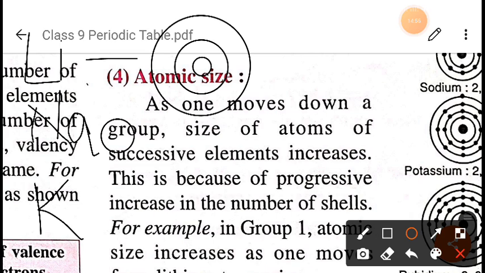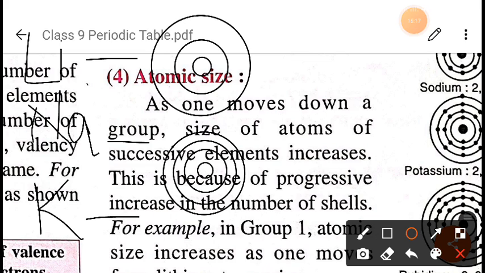This is the nucleus, this one is the first shell and this one is the second shell. Now for sodium, we can draw it like this: first the nucleus, first shell, second shell, and a third shell here, like this.